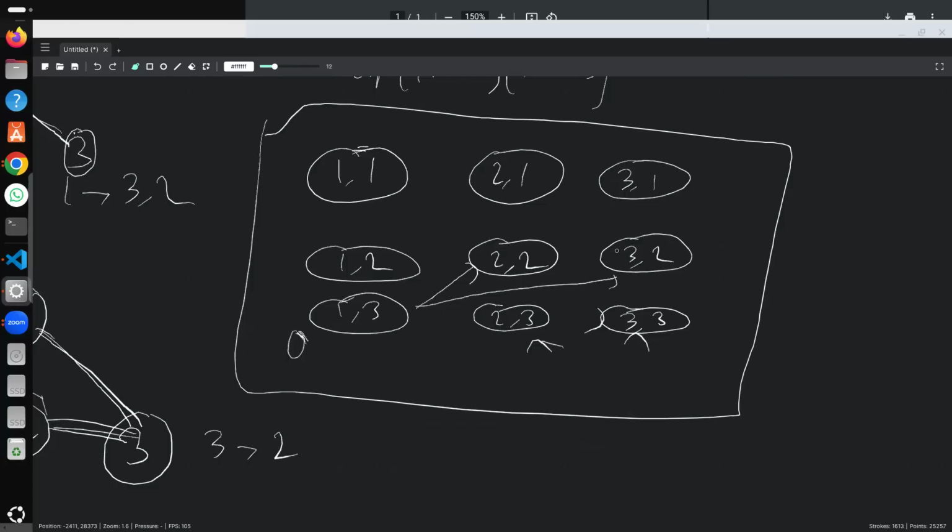So you can make this edge weight as 1. If you are traversing this edge, then this cost 1 would be added. So to reach here the cost is 1, and this cost is actually 0, because 2 minus 2 is 0. So this edge has weight 0. So actually you can make this graph and you can apply Dijkstra on it.